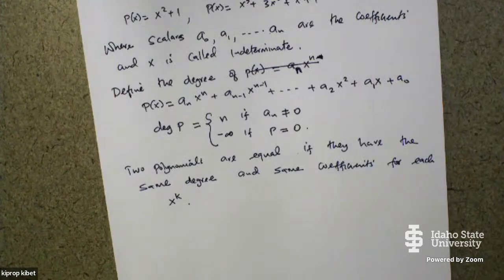So two polynomials are equal if they have the same degree and the same coefficients for each x raised to k.